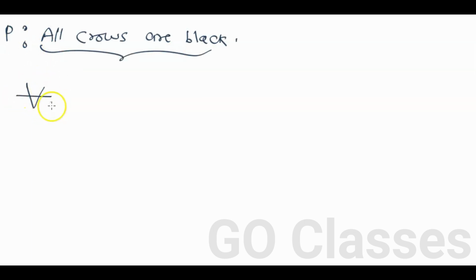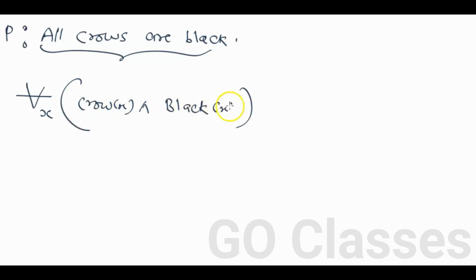Can I write: for all x, crow and black? Crow and black. Is this a correct translation for this English statement? Let's call this translation number 1.